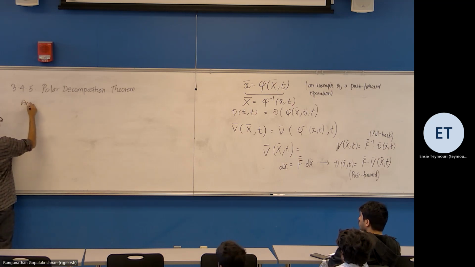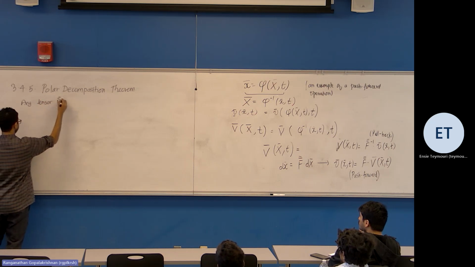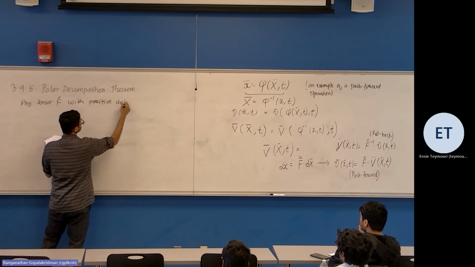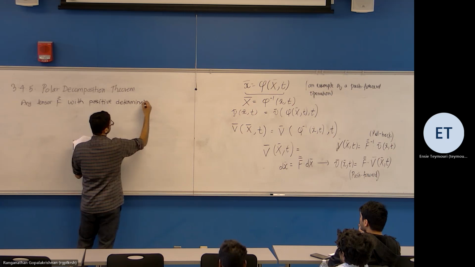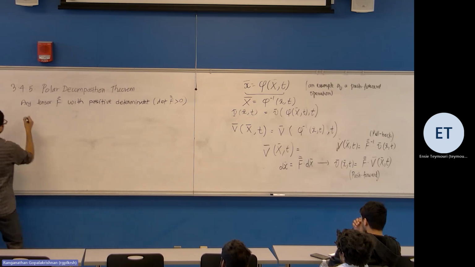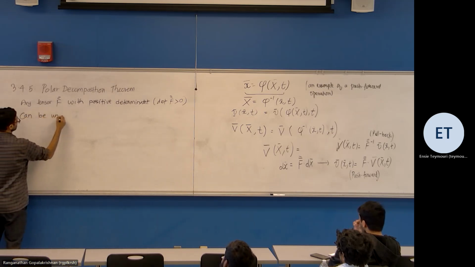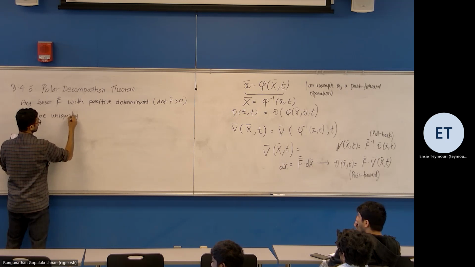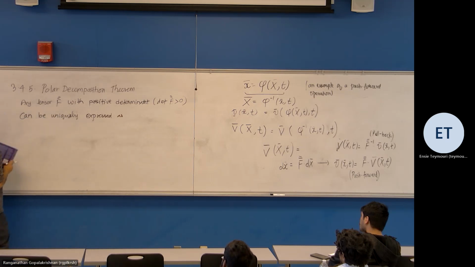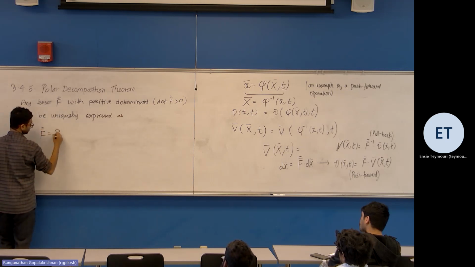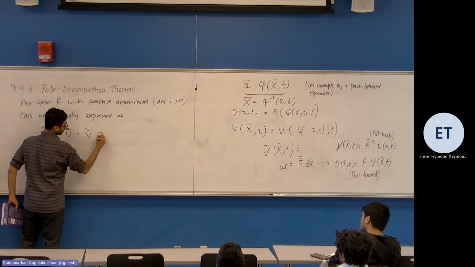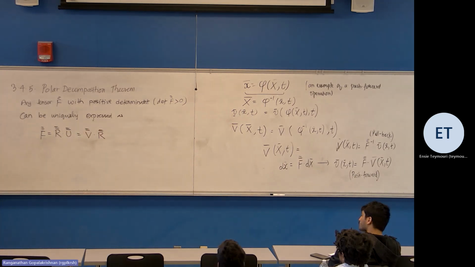Any tensor F with positive determinant, determinant of F greater than 0, can be uniquely expressed as F equal to RU and equal to VR. I'll tell you what this means.